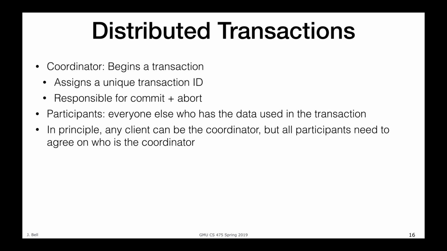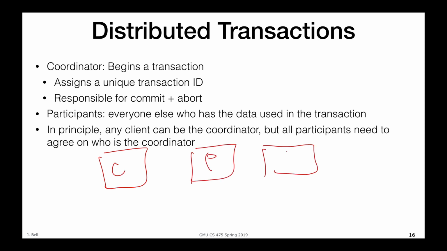Our system model for any and all of our distributed transaction systems will include a designated coordinator and at least one, probably at least two really, participants. The coordinator is really any node.